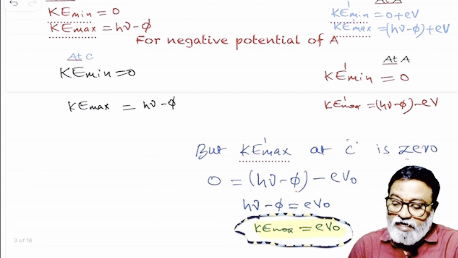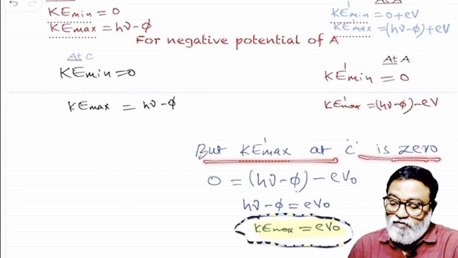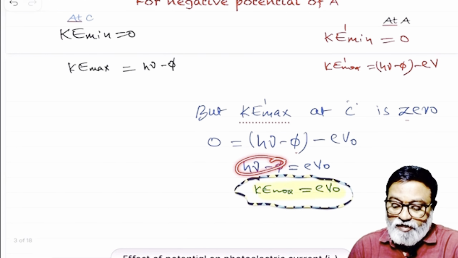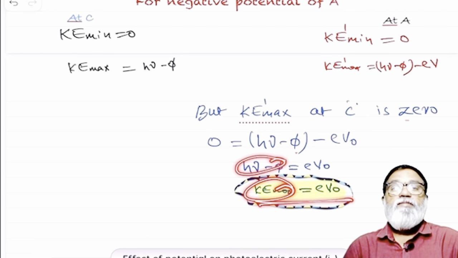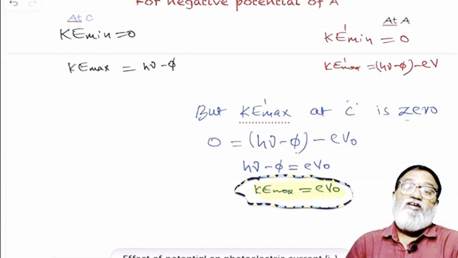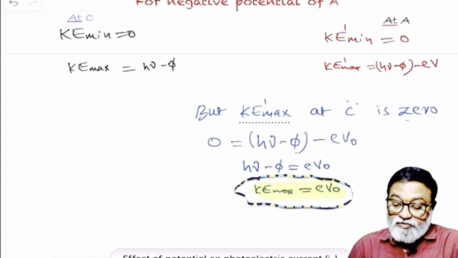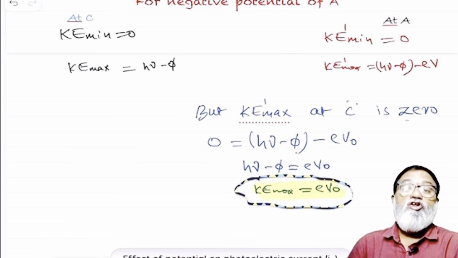See here, KE max at C is h nu minus phi, and this V becomes V naught. Therefore, h nu minus phi is equal to eV naught. This h nu minus phi is KE maximum. Therefore, KE maximum is equal to eV naught. This is the maximum kinetic energy in terms of stopping potential, eV naught.